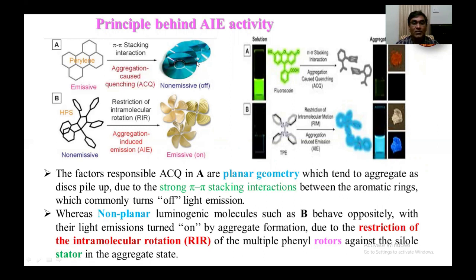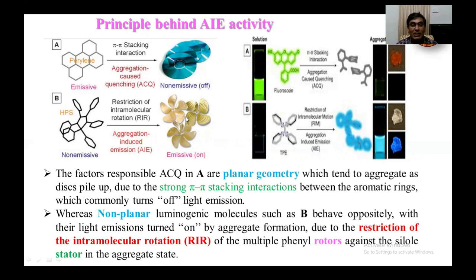The central silole acts as a stator which can't move, and the six phenyl rings are rotatable. Now this hexaphenylsilole is non-emissive in its solution state, but in the aggregation state the emission enhances and it becomes highly emissive, because of restriction of intramolecular rotation.